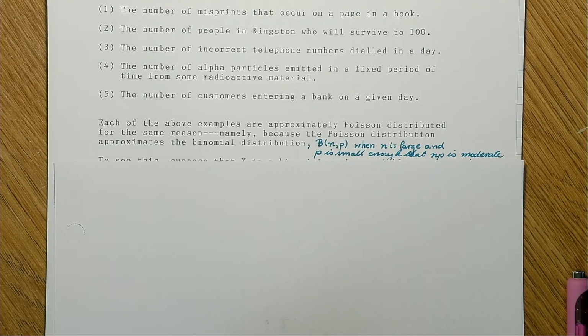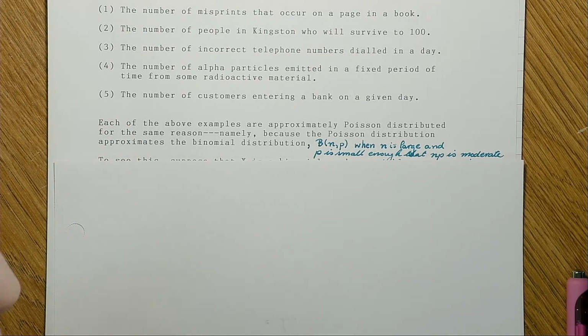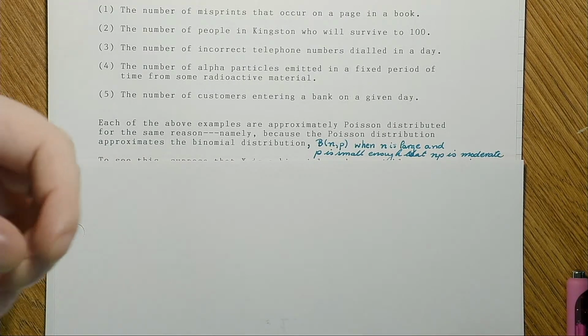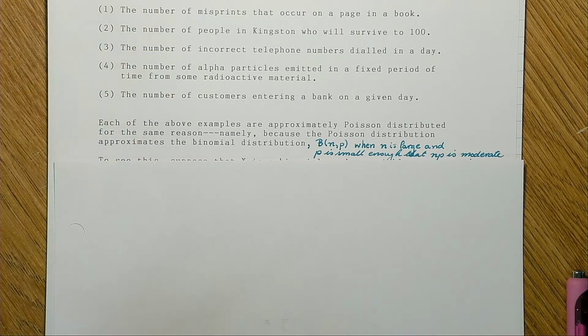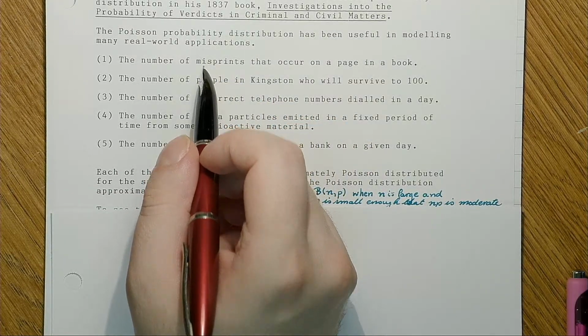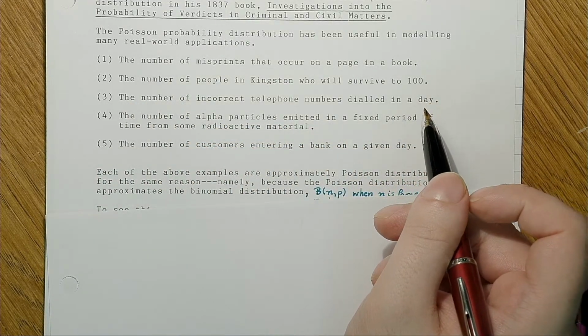It's approximating the binomial distribution when n is large, so you have a large number of trials, and the probability of that event is very small. It's very rare. So again, in each of these things, the misprint is rare. The probability that someone will live to be 100 is quite rare.